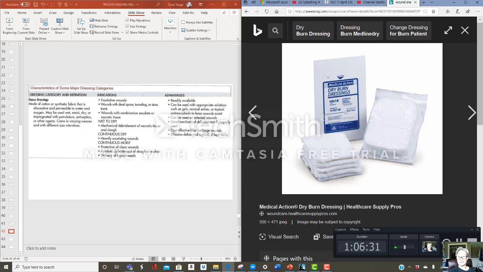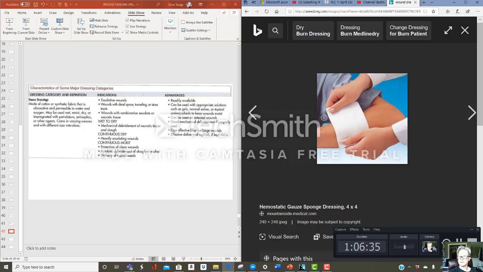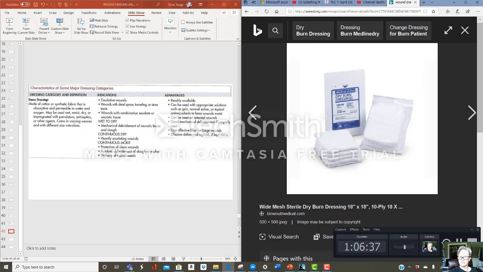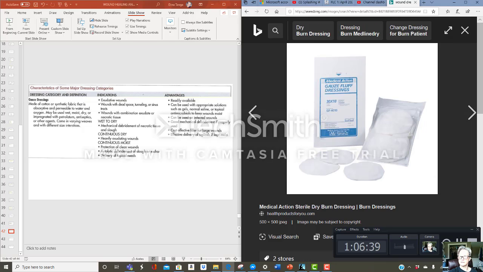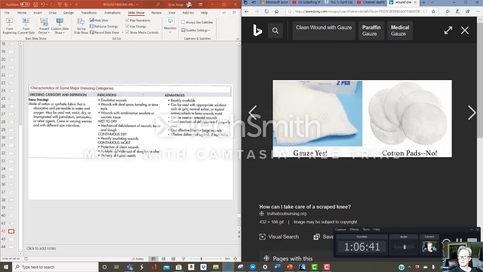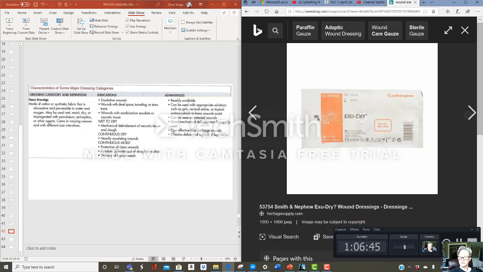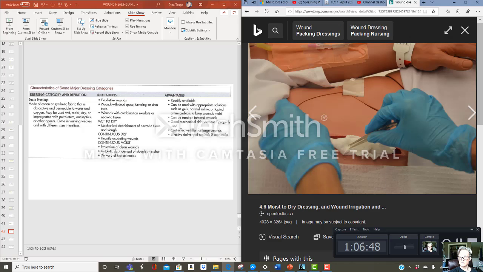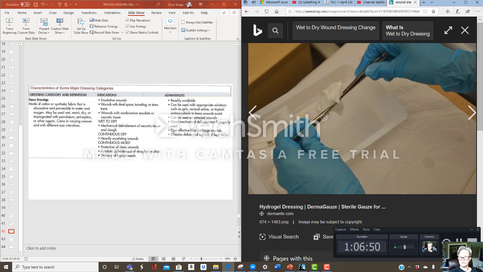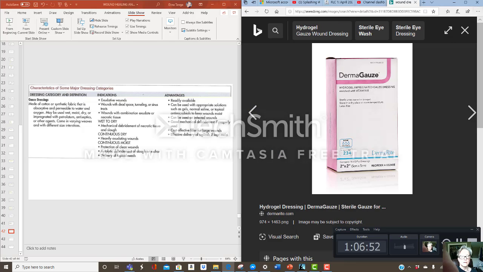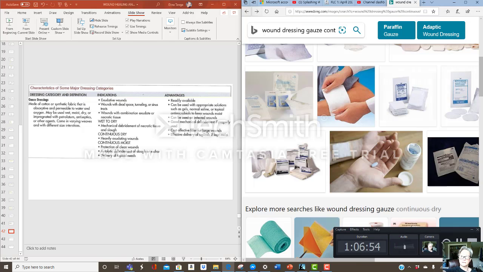Dry burn dressings for heavily exudating wounds. It's moist to dry. That's moist to dry. Let's continue.